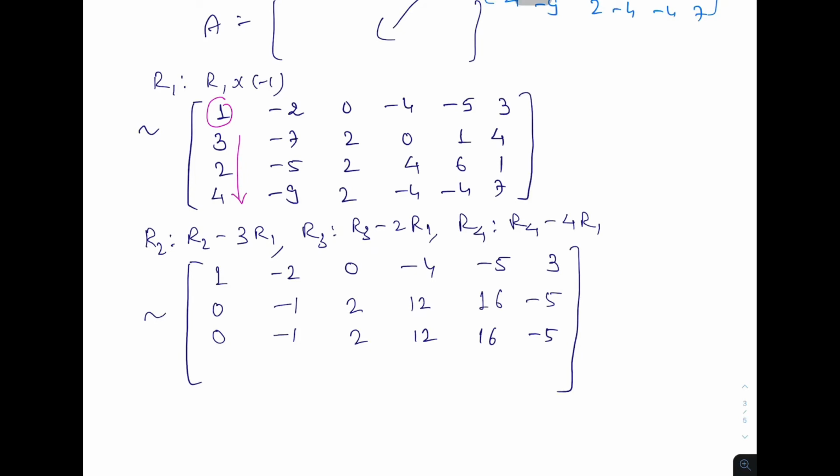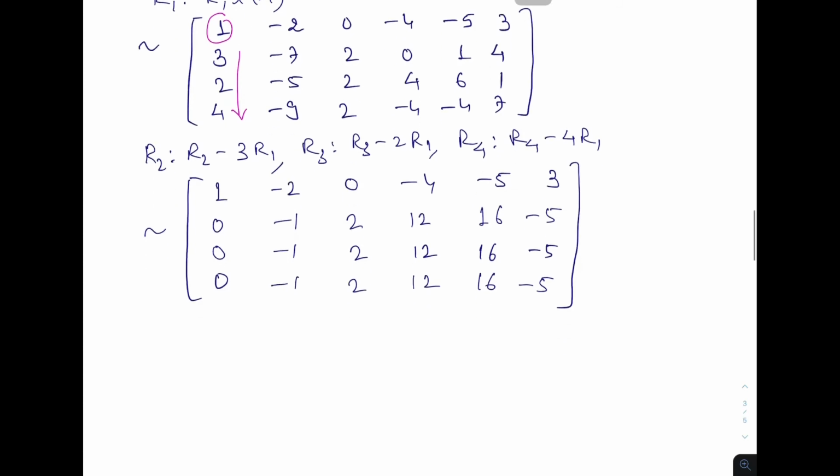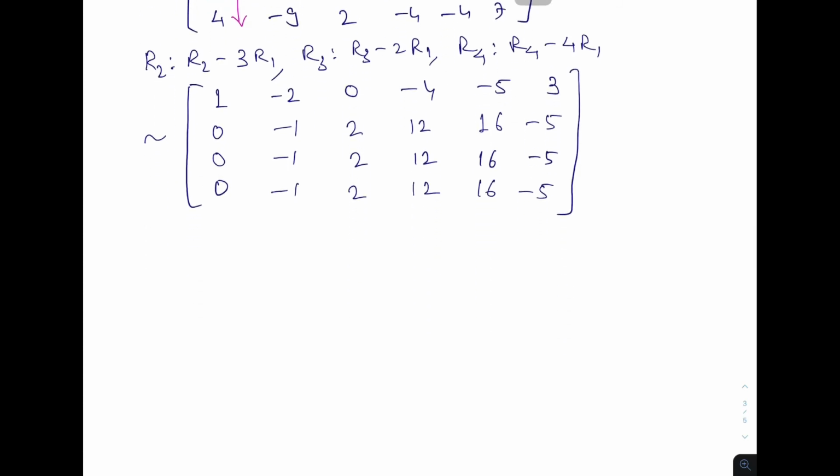In the same way, multiply every element of the first row by minus 4 and add here. So minus 4 plus 4 is 0, 4 times minus 2 is minus 8, minus 9 gives minus 1, this is 2, 16 minus 4 is 12, 20 minus 4 is 16, minus 12 plus 7 is minus 5. Next step is to make this entry 1.